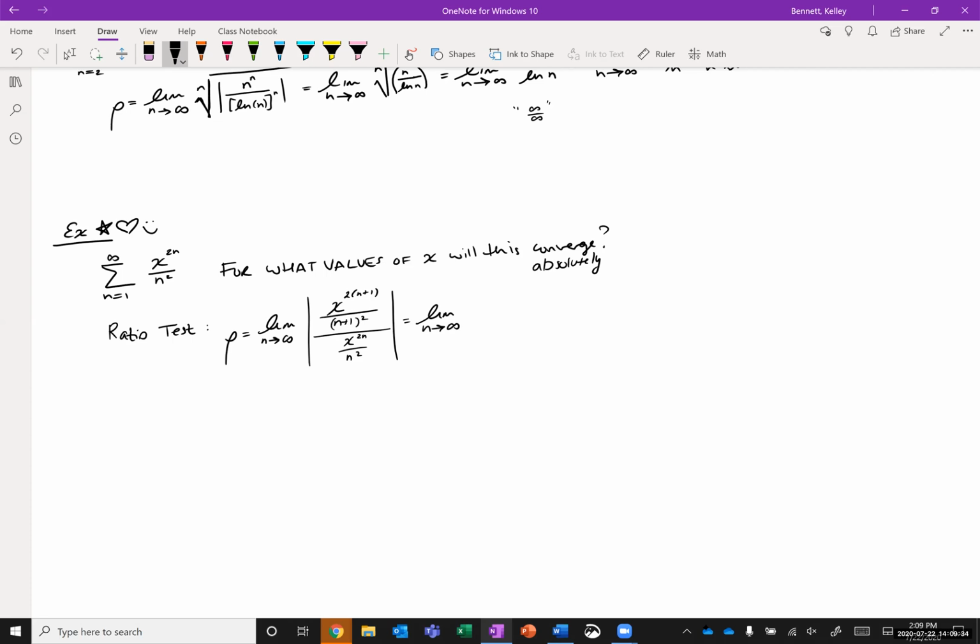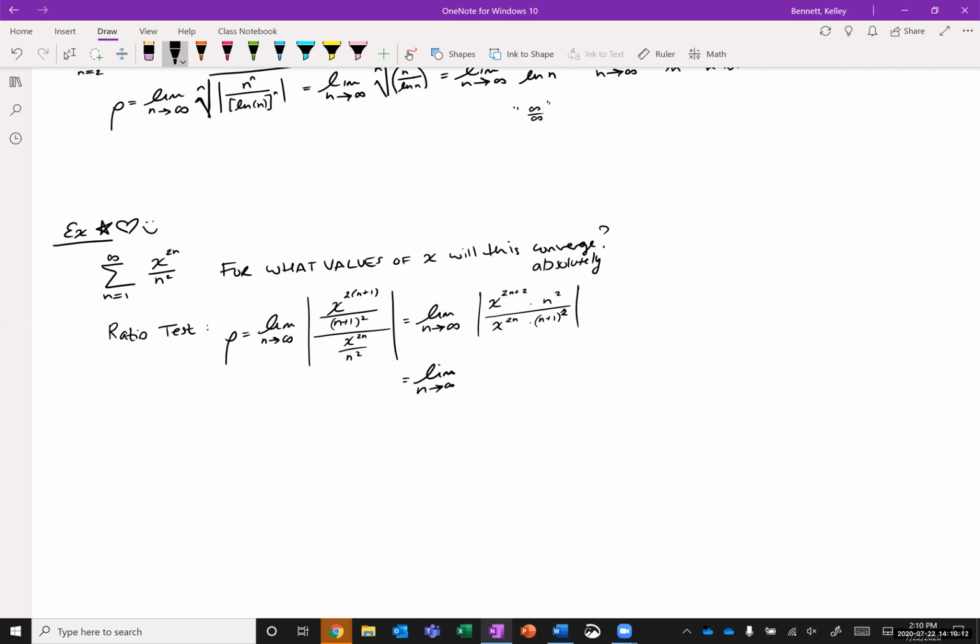So now this becomes x to the 2n plus 2 times n squared over, and because I don't know what x is, I still have to keep these absolute values on, over x to the 2n times n plus 1 squared. So I'm going to go ahead and simplify a bit further. These guys here, n over n plus 1, that's always positive.